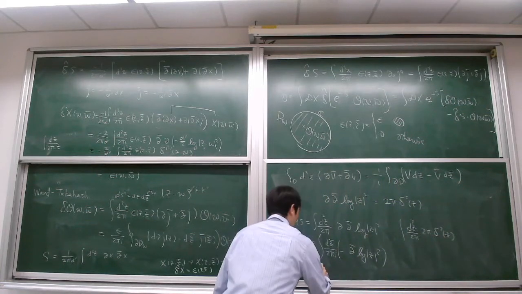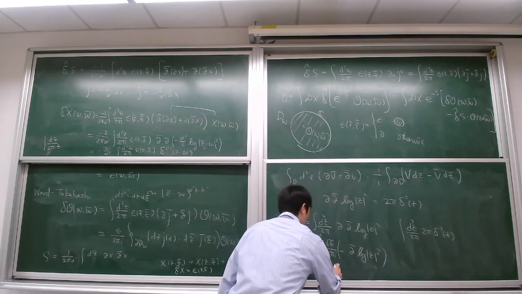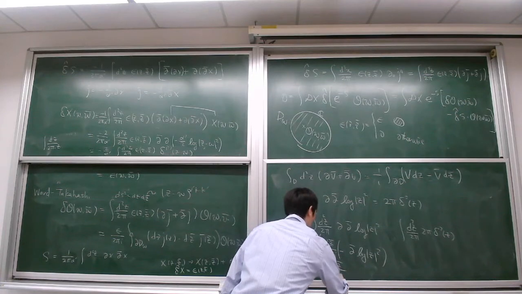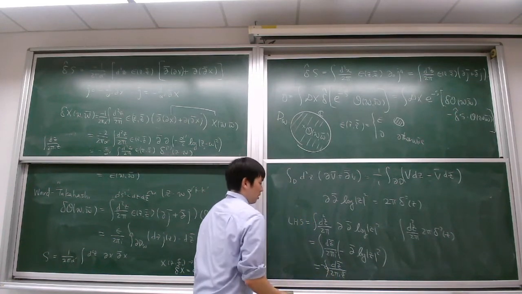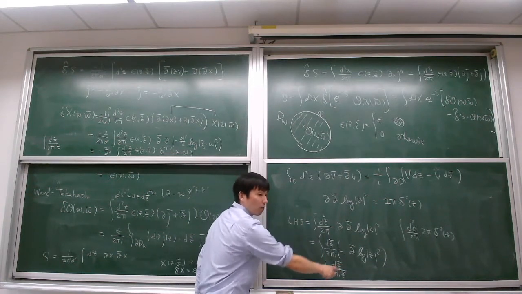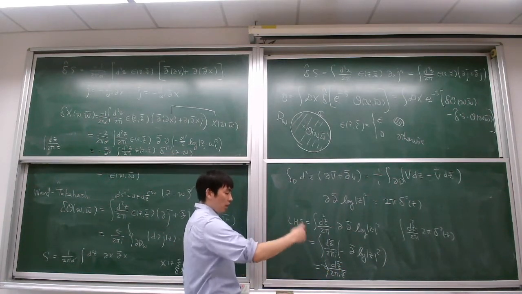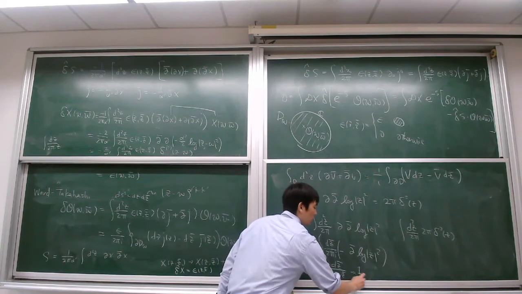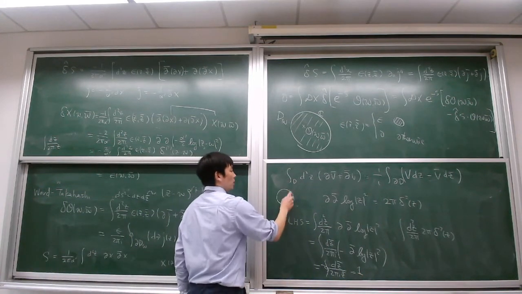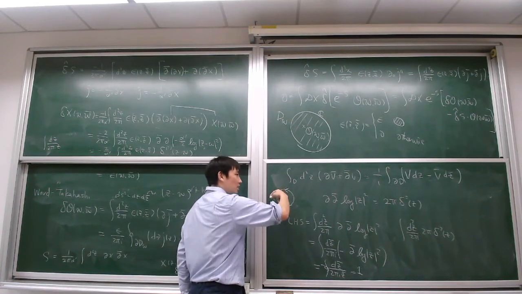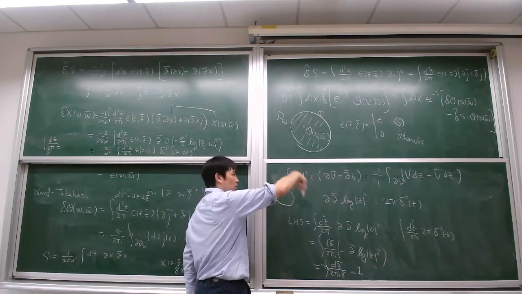Then what you will get is essentially dz bar over 2 pi i d bar, and a minus sign because we have the anti-holomorphic part, so this is equal to 1. Anti-holomorphic means that instead of counterclockwise, you have to go clockwise.